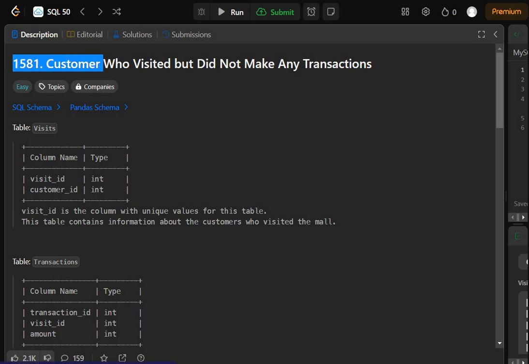You want to check whether the customer has done some transactions or he or she just visited the store. The type of query we are going to do in this video will help you crack that problem.